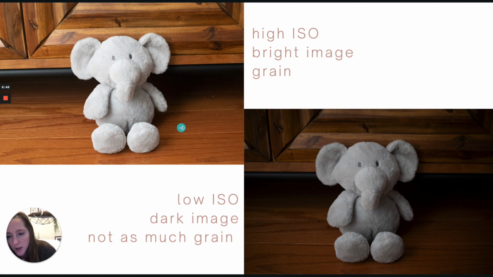See the grain? Okay, I can see it. My face was really close to the camera. In this picture down here, it's a darker image. You have a lower ISO, but there's not as much grain, and that's the give and take. If you're outside, then you're already getting plenty of light, so you can afford to have a low ISO. But if you're inside and it's dark, you can't always afford that.